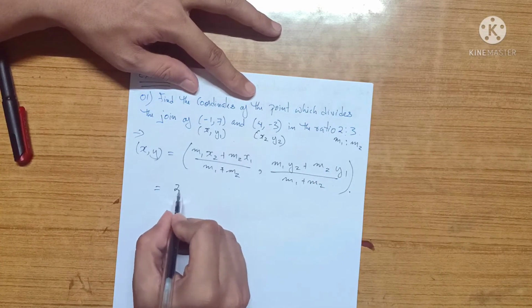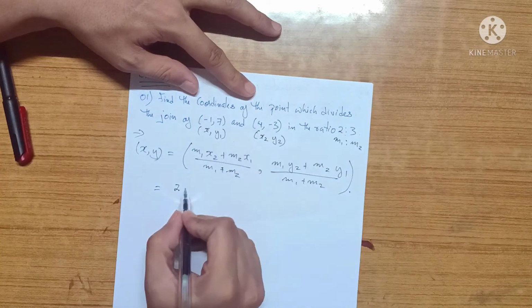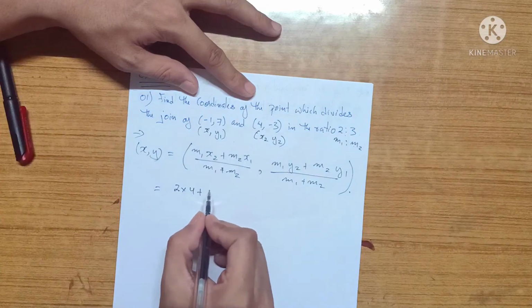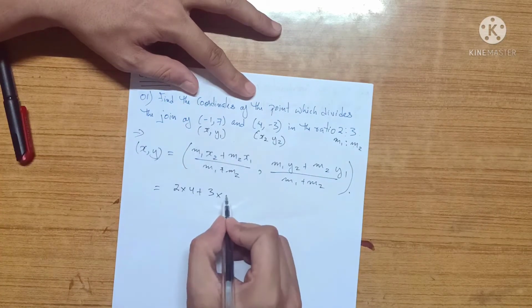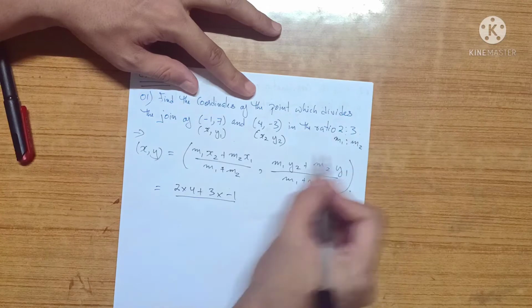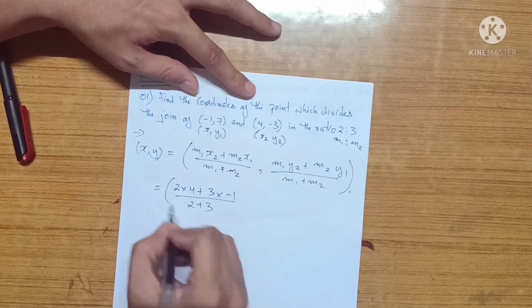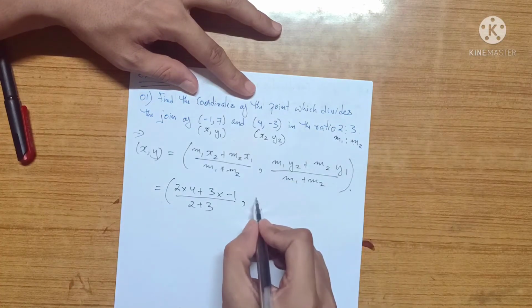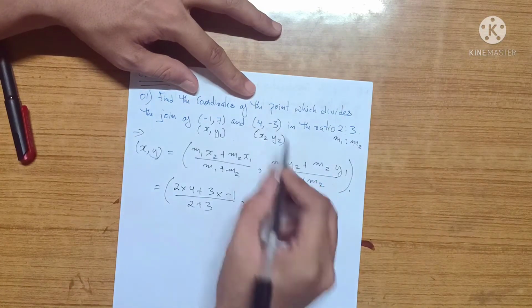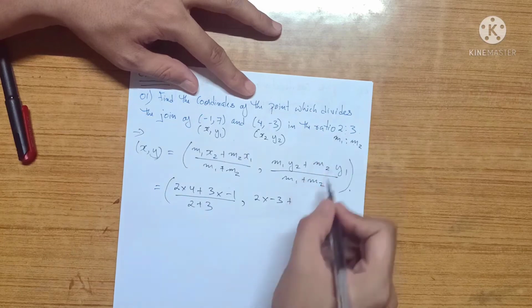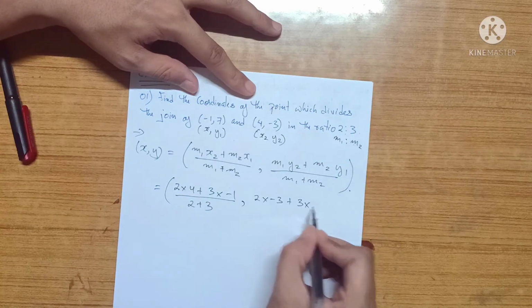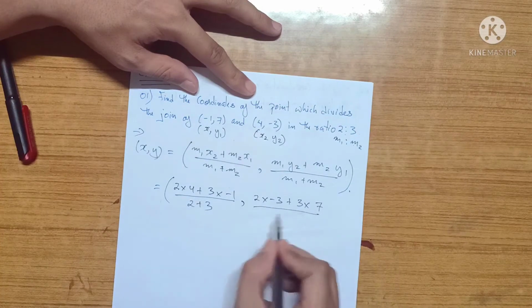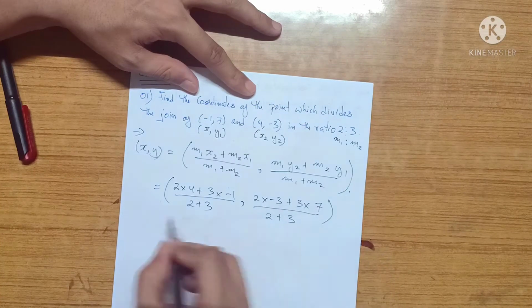So m1 is 2, x2 is 4, plus m2 is 3, x1 is minus 1, by m1 plus m2, which is 2 plus 3, comma. Now the same goes for y: 2 into y2, which is minus 3, plus m2 is 3, y1 is 7, by m1 plus m2.